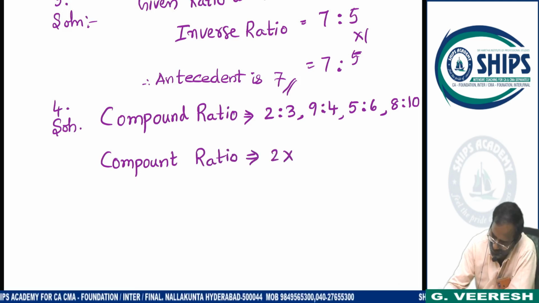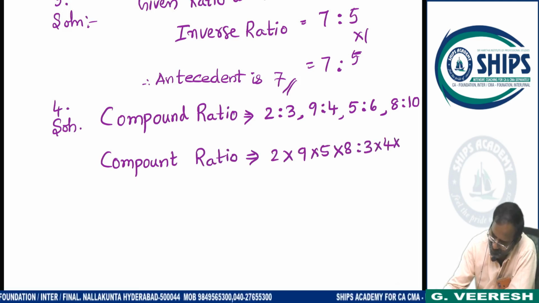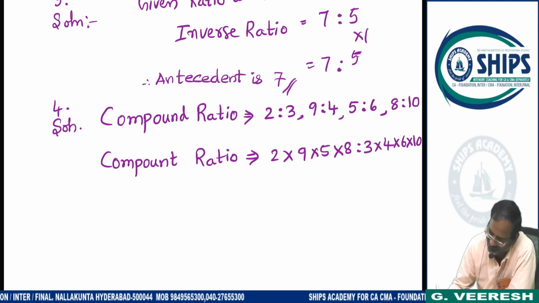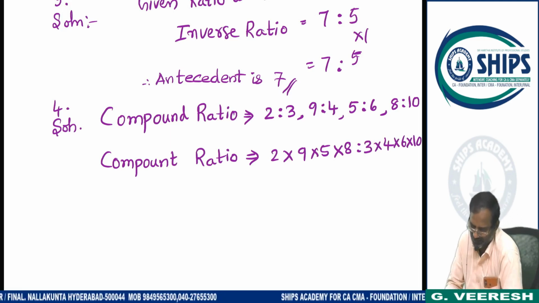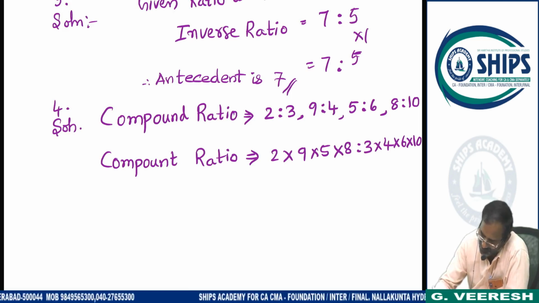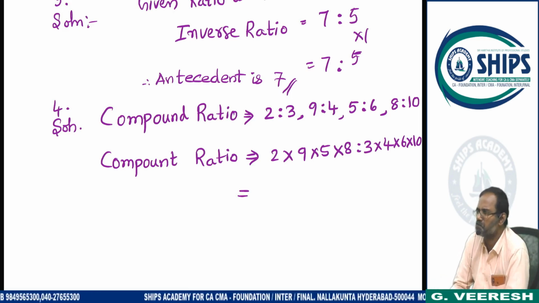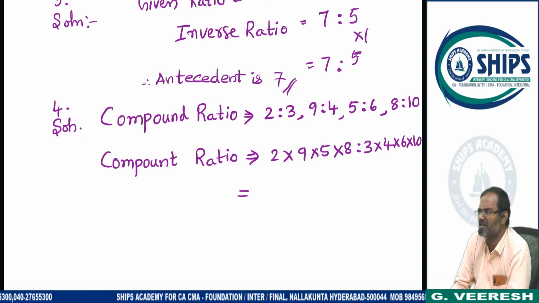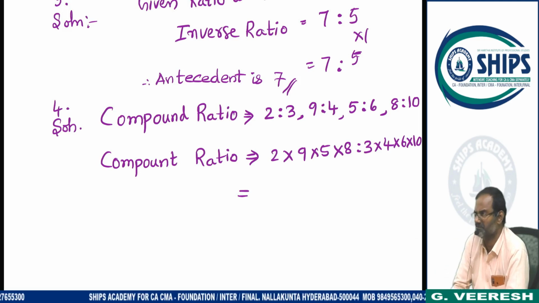So it is 2 into 9 into 5 into 8 over 3 into 4 into 6 into 10. Now what can we do? Don't multiply, we have to simplify. Why? Because we have to get the simplest form.